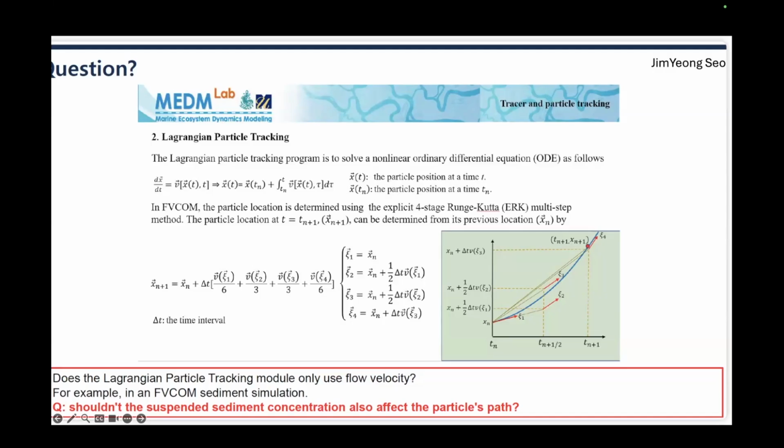But in some cases, for example with FVCOM sediment modules, some sediment is suspended, and the sediment concentration, I think, will affect the particles, but this equation does not consider that. So how can we consider other factors in the velocity? That is my question.